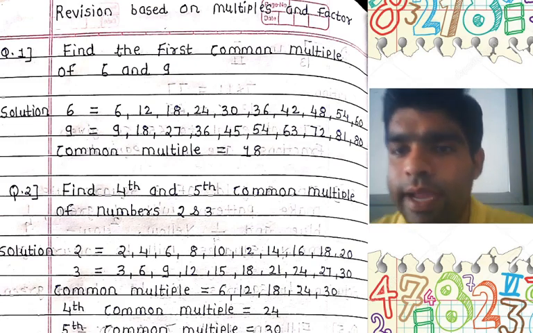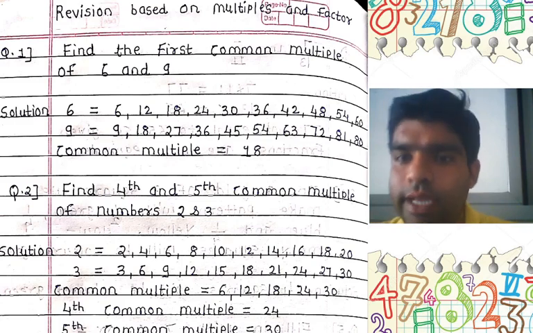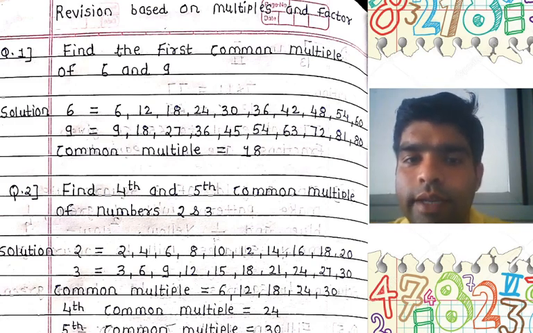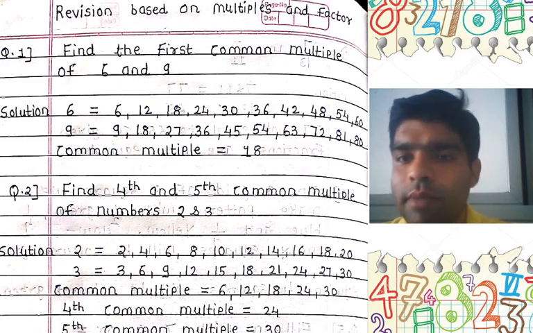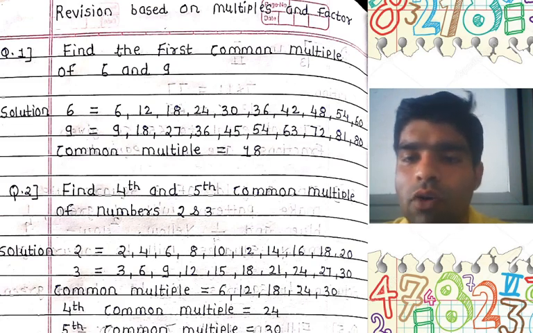Next is 18: 2 times 9 is 18 and 3 times 6 is 18. Next is 24, because 2 times 12 is 24 and 3 times 8 is 24. And next is 30, which is also a common multiple of 2 and 3.